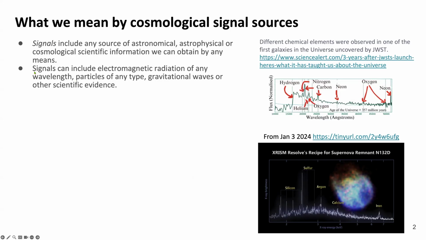So usually, and for most of history, the signals that we have detected have come from electromagnetic radiation, that is, different versions of light, like I'm illustrating here. Ultraviolet light that we can't see, visible light we can see, X-rays we can't see, radio signals, and so forth.